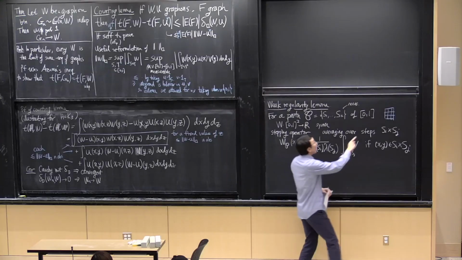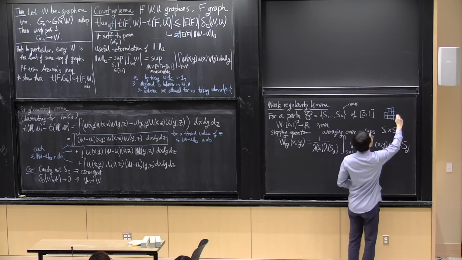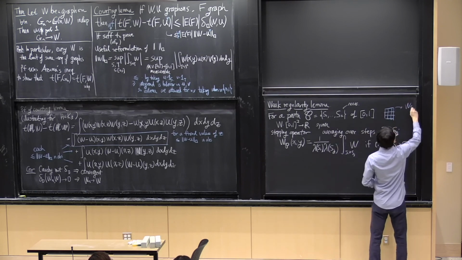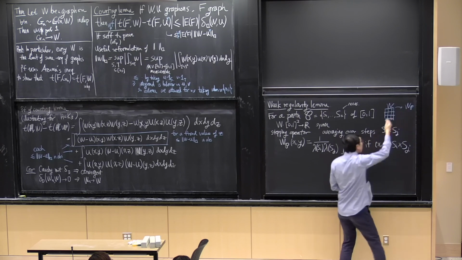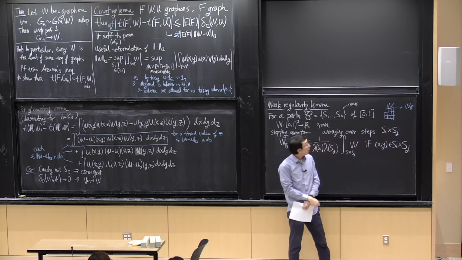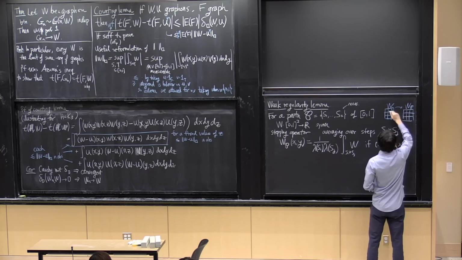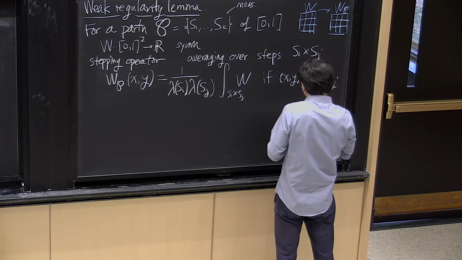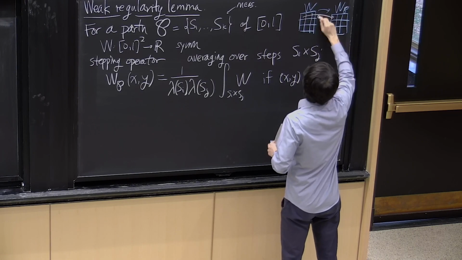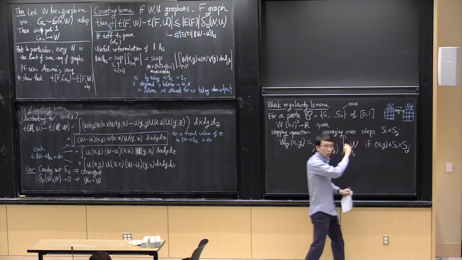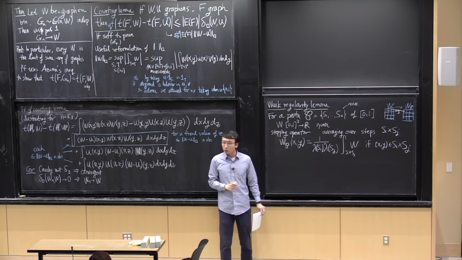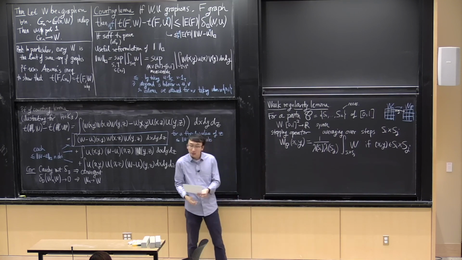And what I do is I take this W and I replace it by a new graphon, a new symmetric measurable function, W sub P, obtained by averaging. Take each box, replace it by its average, put that average into the box. So this is what W sub P is supposed to be.